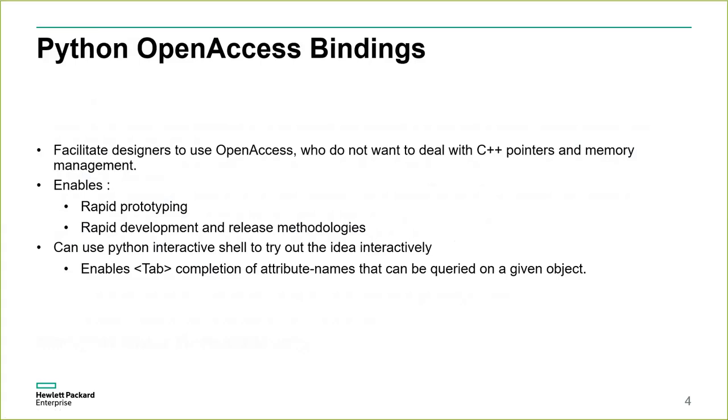You might think, is it a different kind of APIs that are exposed? Well, the answer is no, because the access to OpenAccess data is only through C++ API. The Python interface to these C++ APIs is handled using Swig. So you're essentially utilizing the same APIs, but using a higher level language like Python. You can also use Perl, Tcl, and Ruby as well. But we stuck with Python.